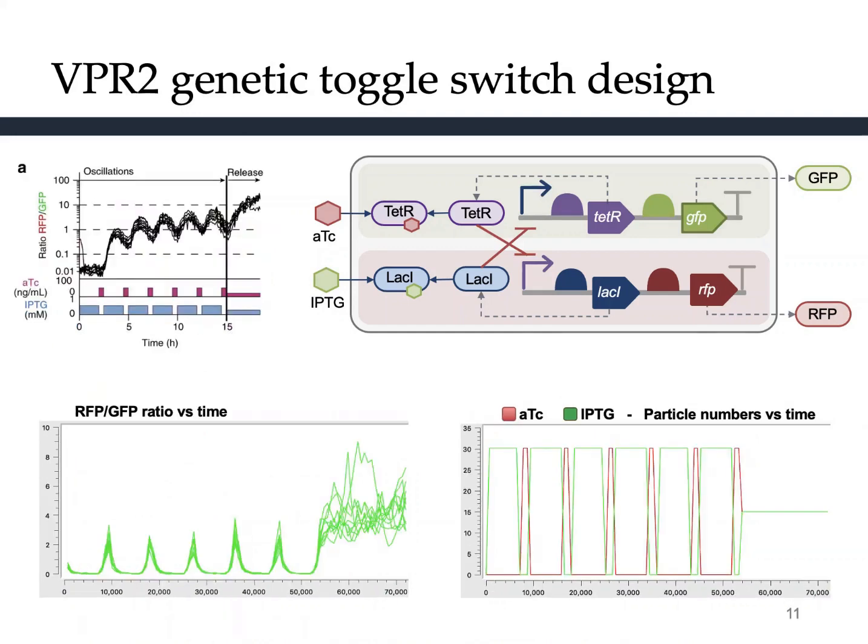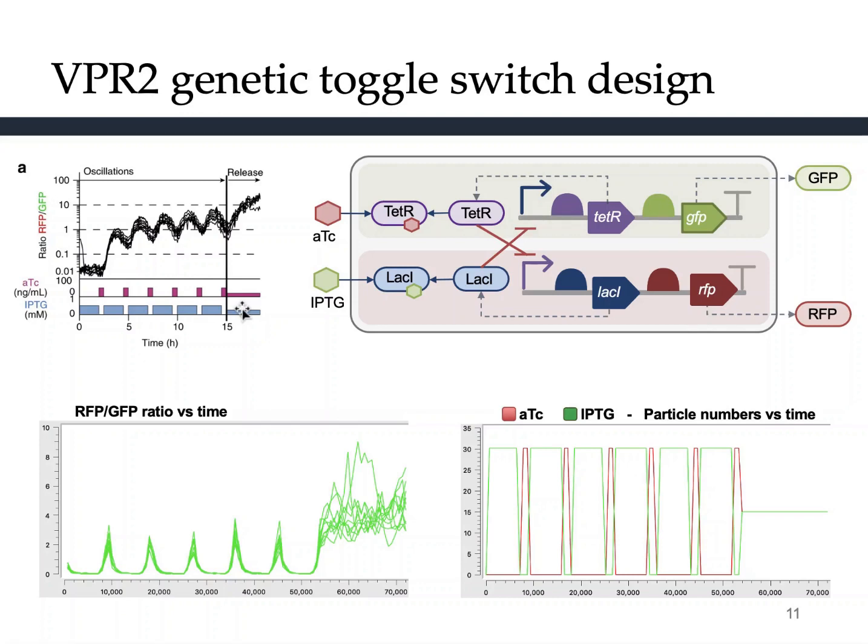If IPTG is kept for 2 hours and if ATC signal is provided only for half an hour, then the RFP to GFP ratio oscillates around 1. However, later on, the system favors the production of RFP when both inputs are present in the system. We then wanted to simulate this behavior by only changing the intervals of IPTG and ATC inputs and also the final amounts of these inputs.